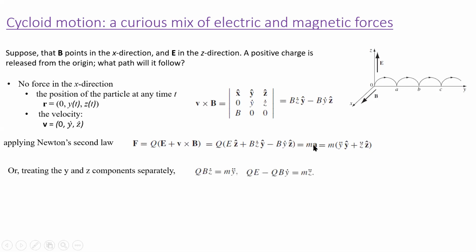Okay, so we can divide this into separate components, y hats and z hats. So in the y hat direction, we just have qB z dot is equal to m y double dot, and in the z direction, we have qE minus qB y dot is equal to m z double dot.